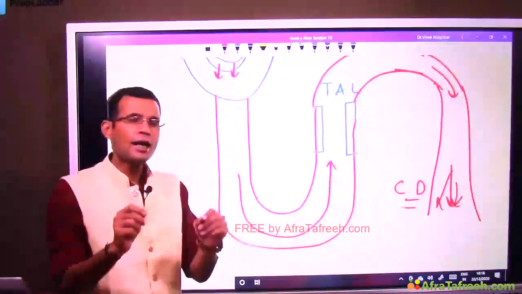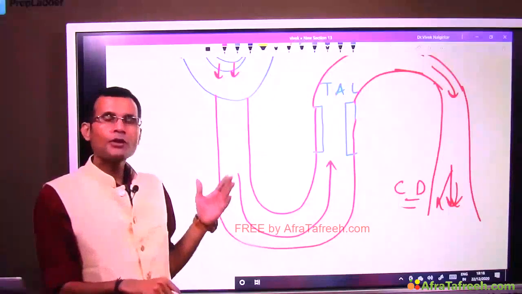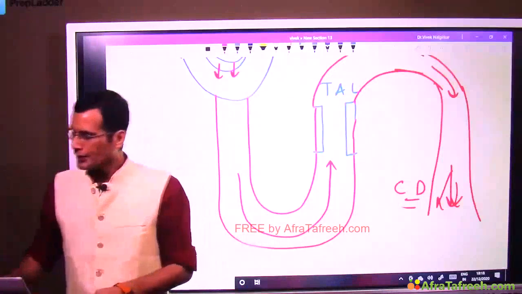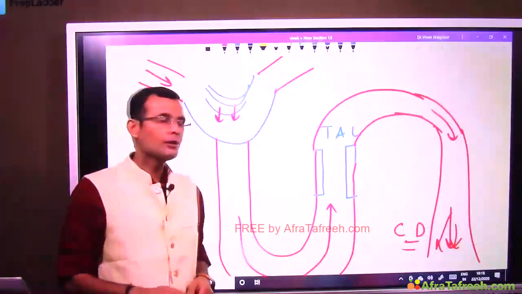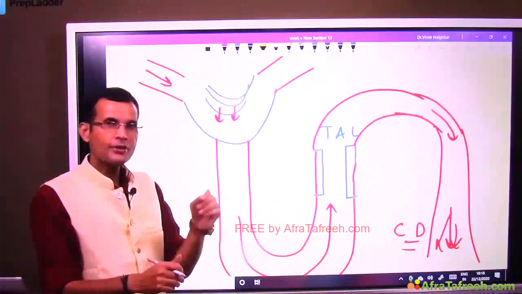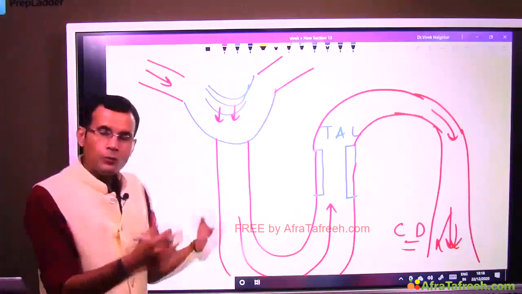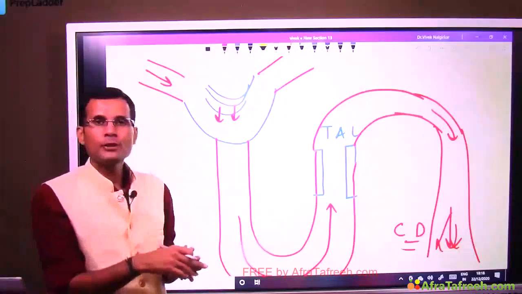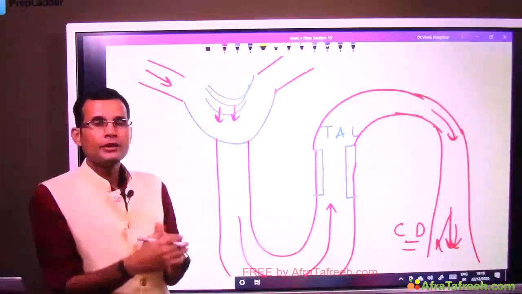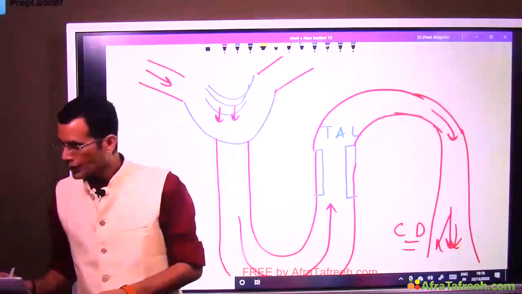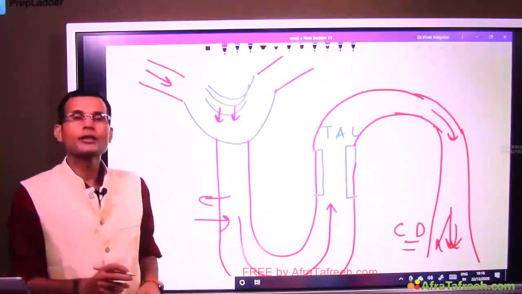Let me also add one point here, although we will discuss it in detail later on. A very interesting example for the functioning of the kidneys. There are three steps in urine formation that can be seen: glomerular filtration, then tubular reabsorption and tubular secretion.